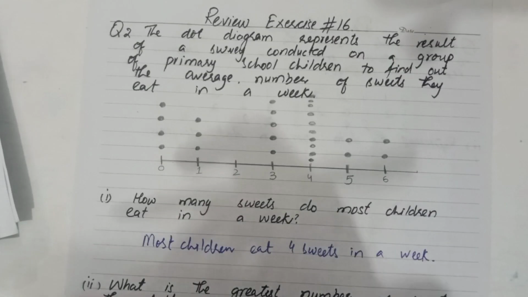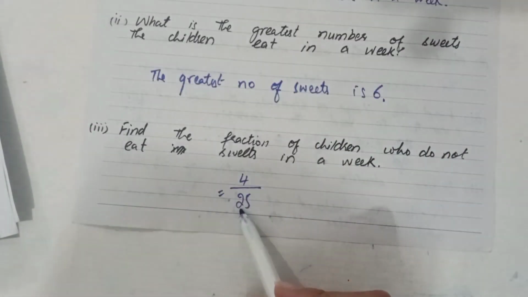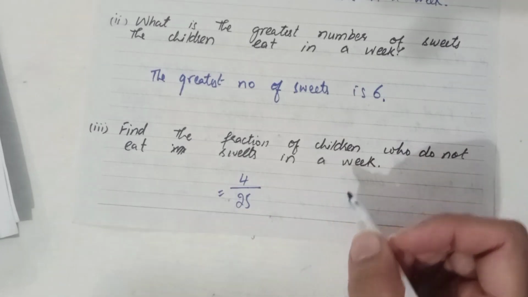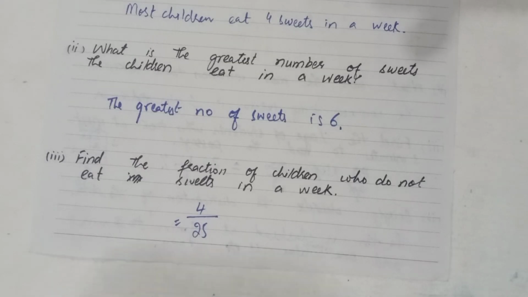The children who eat 0 sweets are 1, 2, 3, 4. These are 4 children, and the total number of children is 25. This is the fraction of children who do not eat sweets in a week: 4 children out of a total of 25. Now students, part number 3 is also solved. Now students, question number 2 is done.